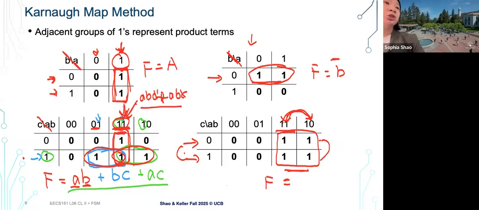So the output of this gate is just A. It doesn't matter what B is, and it doesn't matter what C is. So if you draw a circle with 2 elements, you can eliminate 1 term. If you draw a circle with 4 elements, you can eliminate 2 terms. So you get to the essence of what the gate really is.